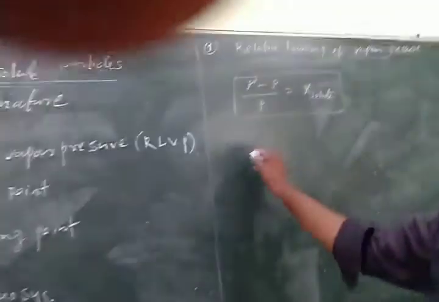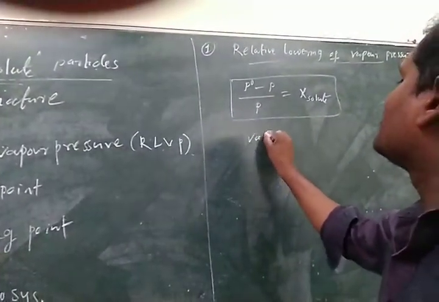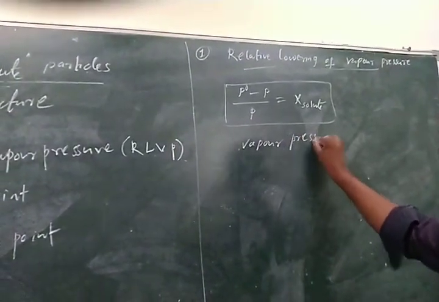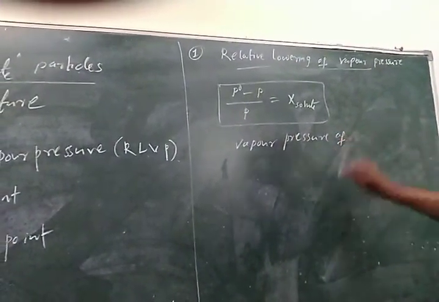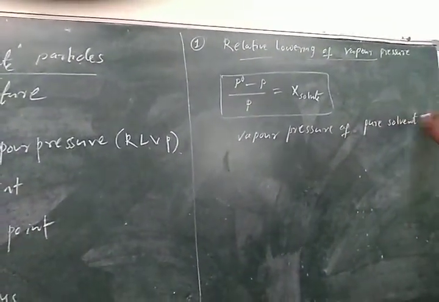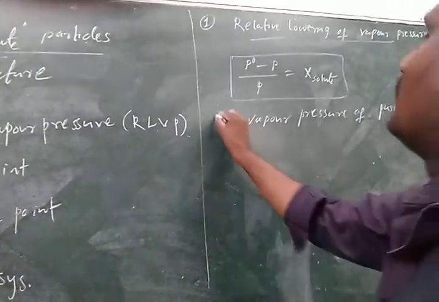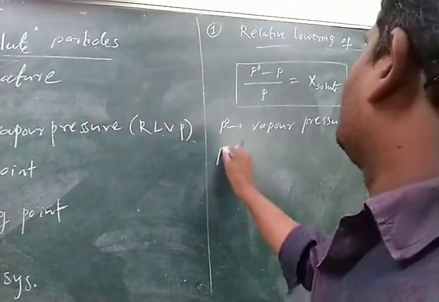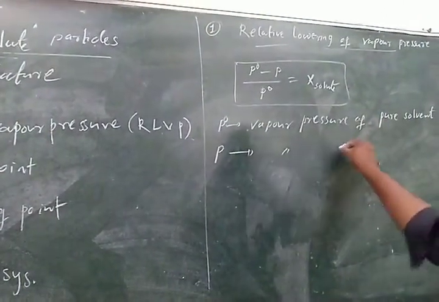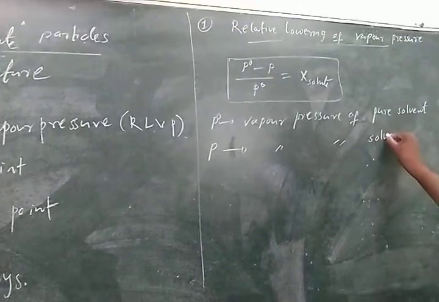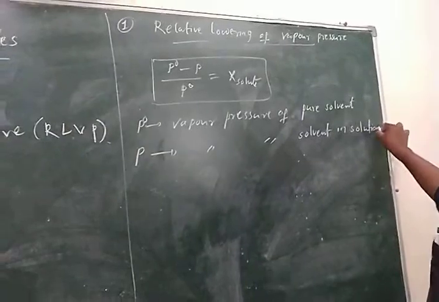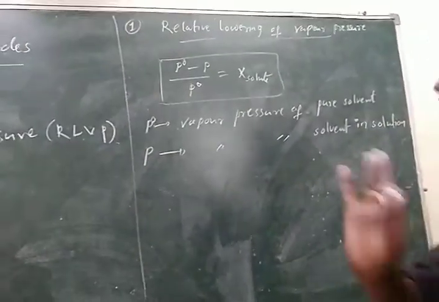Here P naught is the vapor pressure of pure solvent, and P is the vapor pressure of solvent in solution, otherwise you can take the vapor pressure of solution.